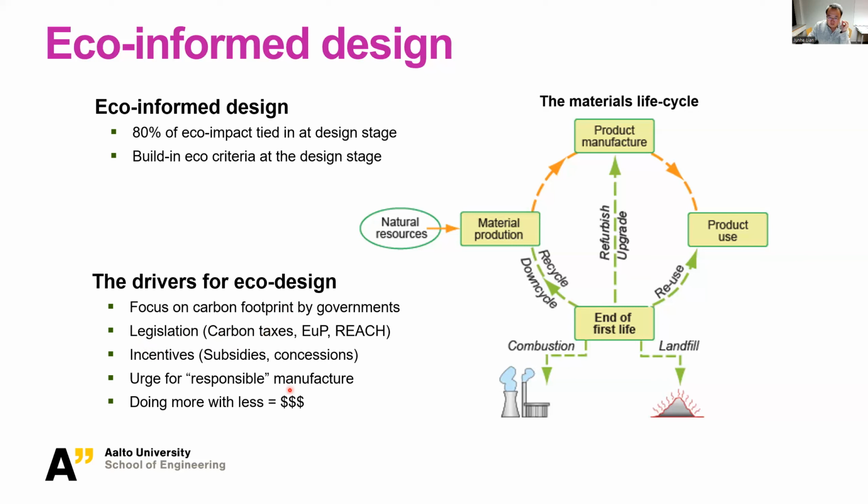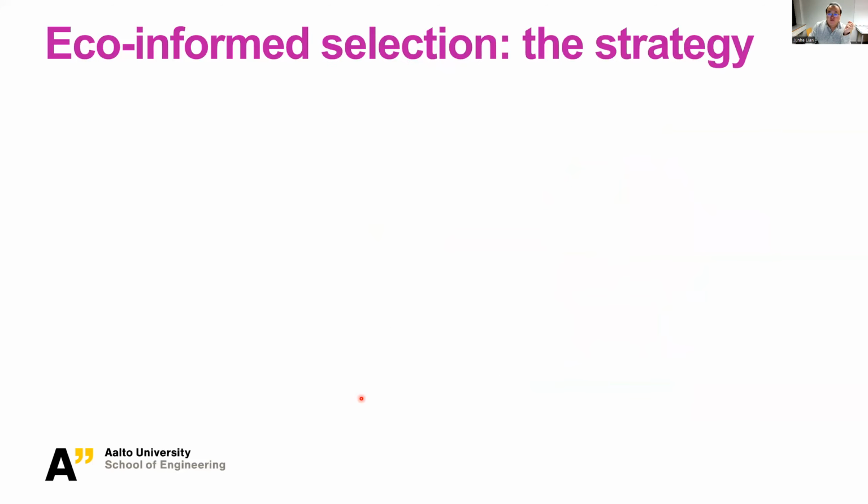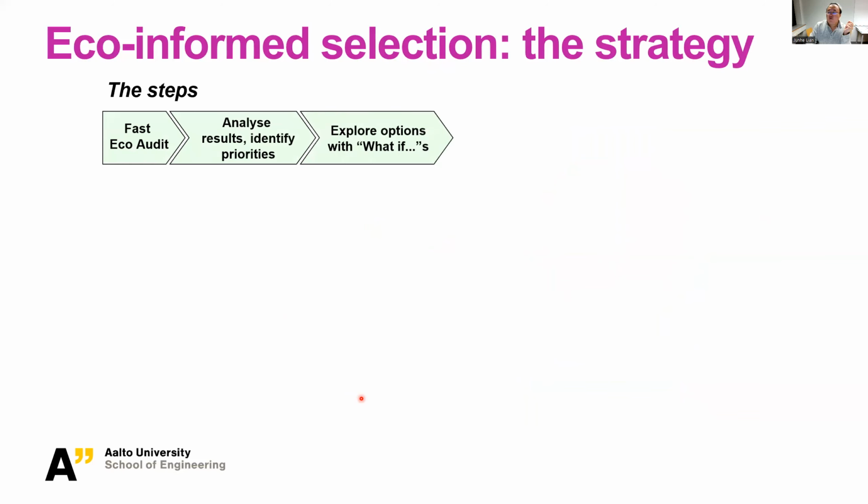So basically they're all forcing everybody to consider the eco impact, and this has to be considered during the design of your product. And next, I'm going to show you how this strategy works when you consider the CO2 emission in the design phase.